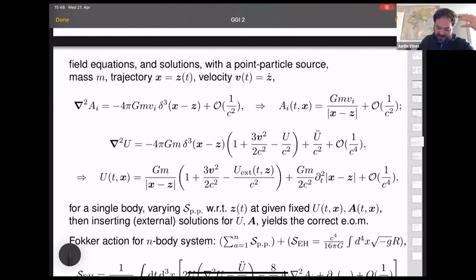We want to evaluate this potential at the location of this body. If we included its self field, that would blow up. That's why I've included this external caveat here. So we don't want to include this infinite gravitational self energy, essentially. That roughly gets renormalized into the mass, you could say.